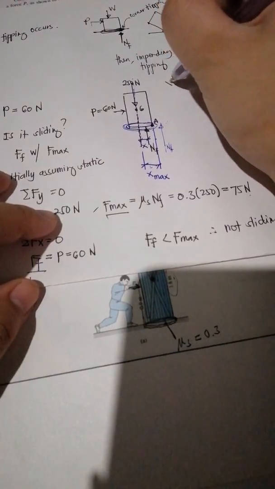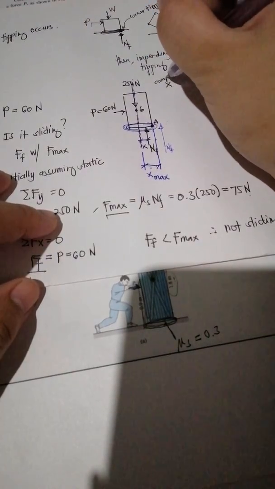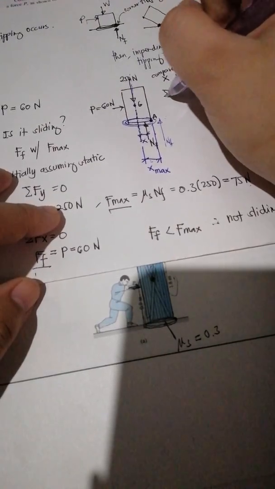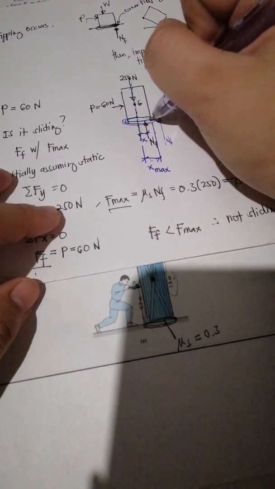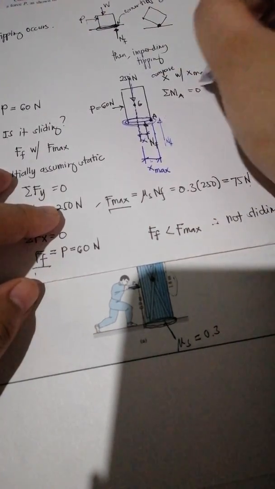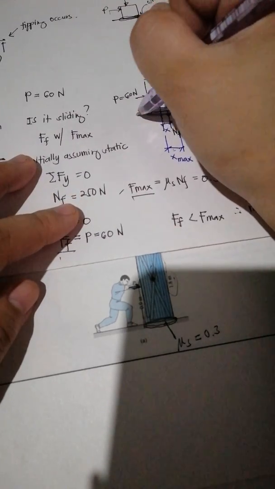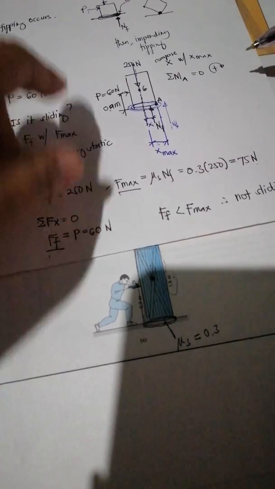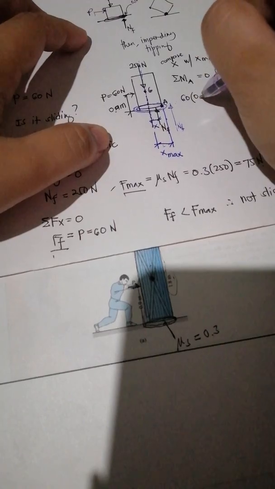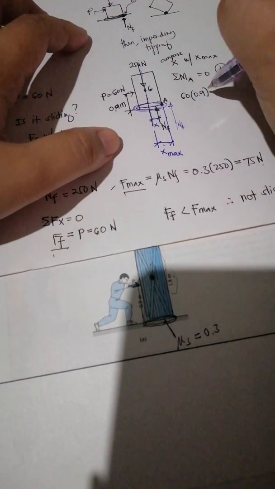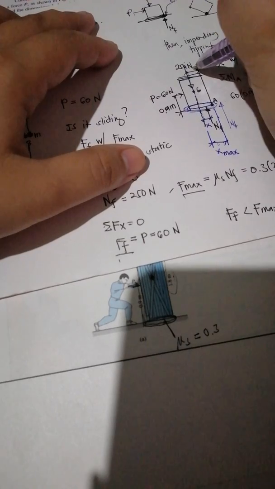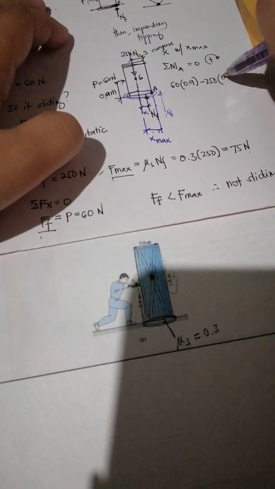So let's check what we have to do. In tipping, we compare actual X with X maximum. We sum up moments about the tipping corner, and the tipping corner here is point A. Okay, positive. So again, this is 0.9 meters given in the problem. So 60 times 0.9, then the weight, negative 250 times, okay, this is 0.6, so half of that is 0.3.